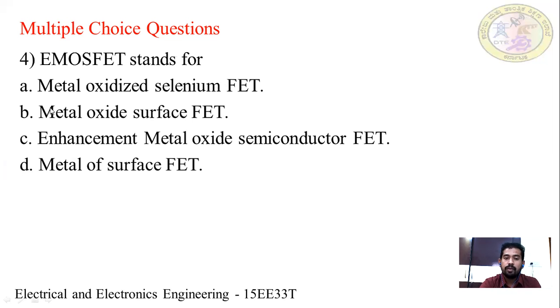We know that MOSFET means metal oxide semiconductor field effect transistor. E means enhancement mode metal oxide semiconductor FET. Let me check the answer. It is option C, enhancement metal oxide semiconductor FET.